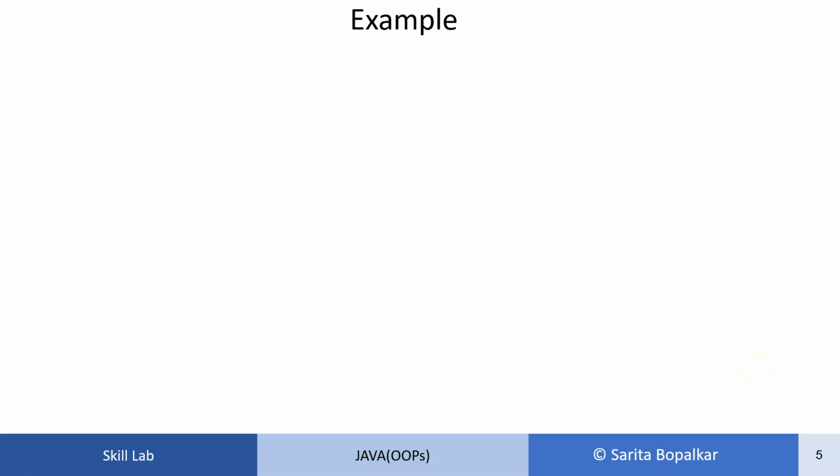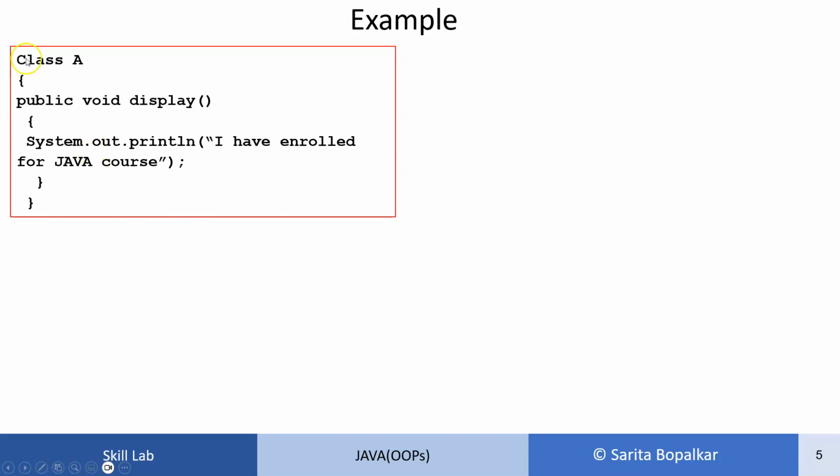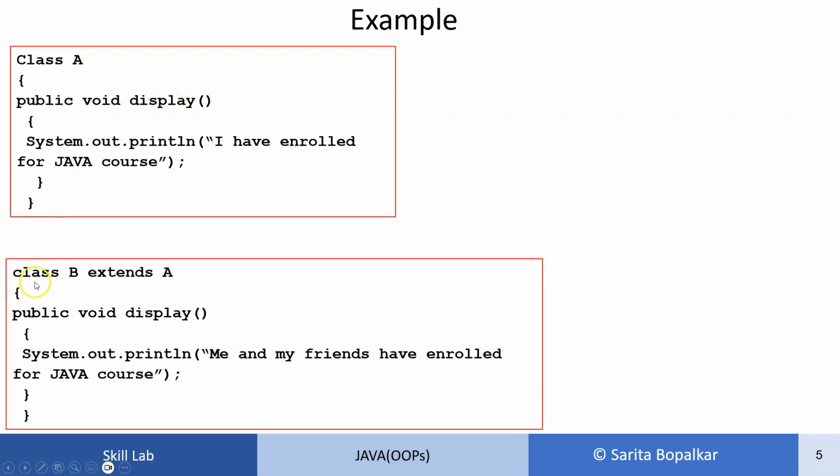Let's understand through an example. Suppose this is class A, and within that we write a display method. The message is: I have enrolled for Java course. This is the display method of the superclass. Now we'll take inheritance: class B extends class A. The keyword extends indicates inheritance.